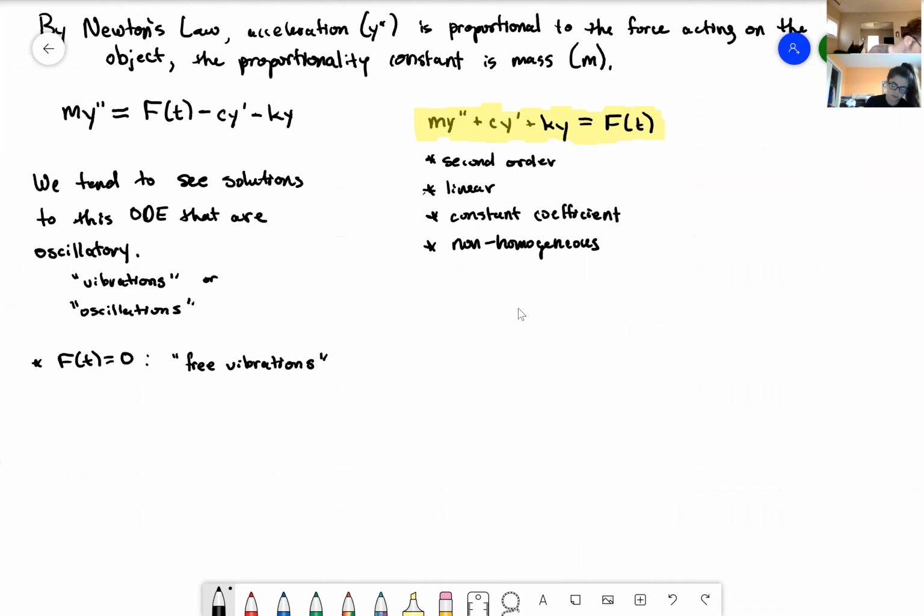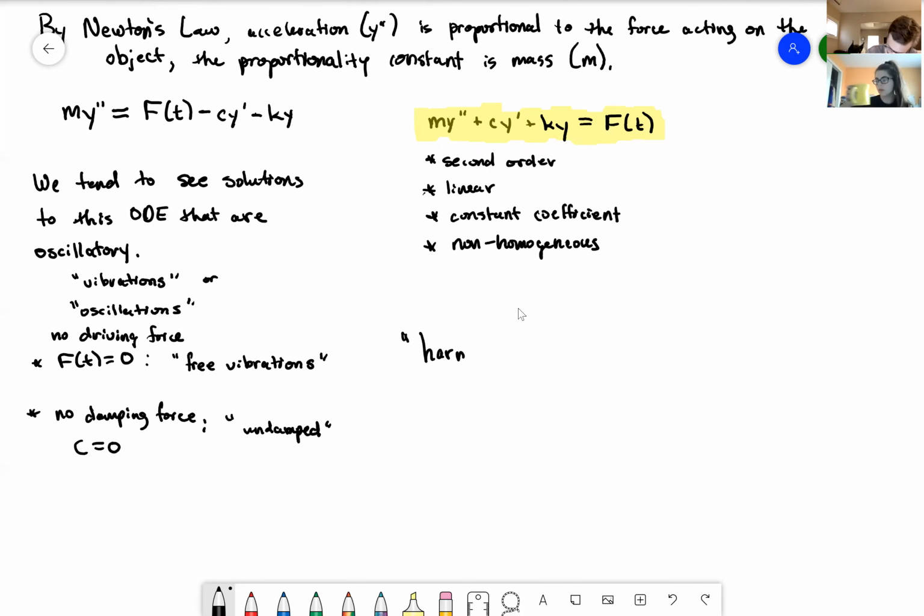And then in the absence of the damping force, the damping coefficient equal to 0, we refer to these as an undamped system. And then finally, a very common name to refer to all of these situations is harmonic motion.